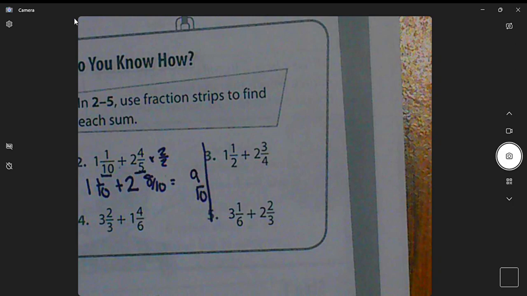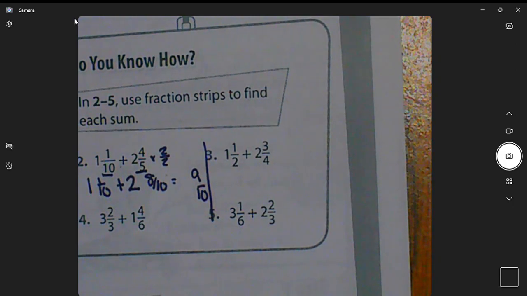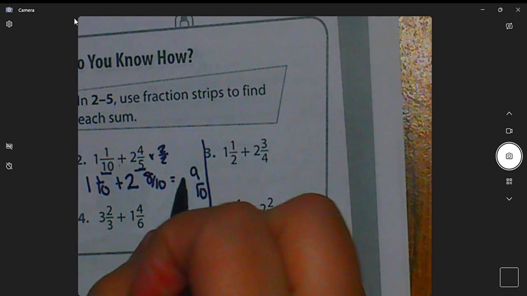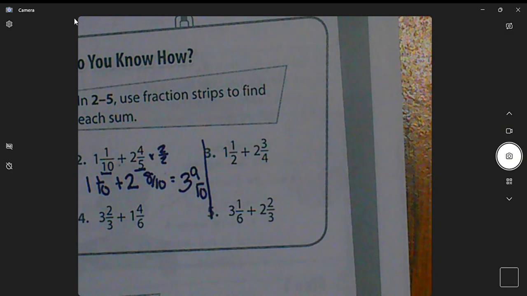Now, add your whole numbers. 1 plus 2. Right, 3. So, 1 1/10 plus 2 4/5 equals 3 9/10. Let's look at another problem.